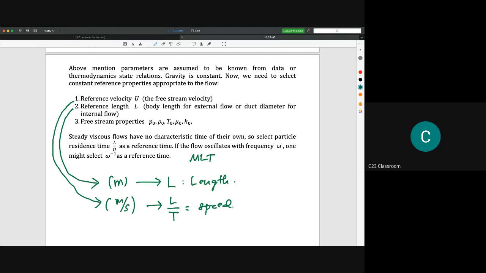And then the free stream properties here will reflect the dynamic. The dynamic is actually everything that involves mass. So the symbol M is the mass here, and the unit is the kilogram.